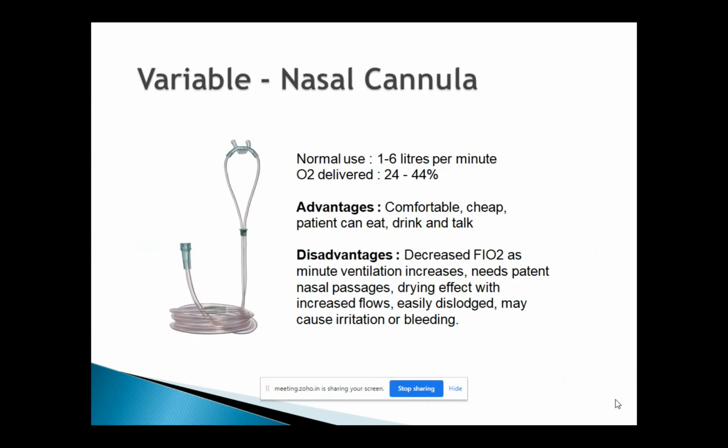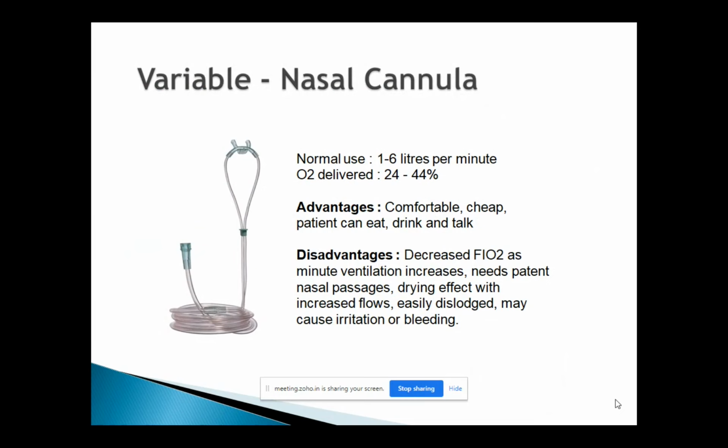The man next to me may be breathing 14 breaths per minute, and my tidal volume may be 500 every breath. The other patient may be doing 600, 700. Because lung compliance is different, lung capacity is different, and the way we breathe is different, even though you're giving only 2 liters of oxygen to both patients, the FiO2, which is the fraction of inspired oxygen achieved by the patient, will be completely different.